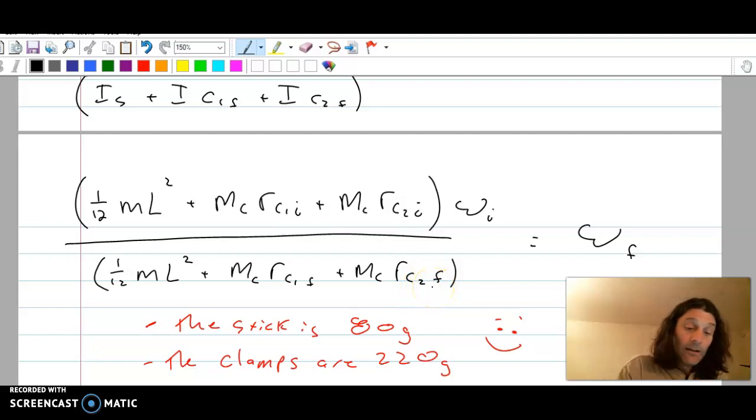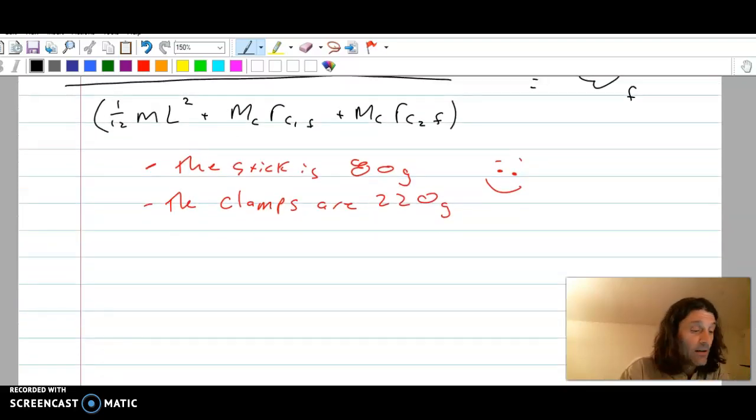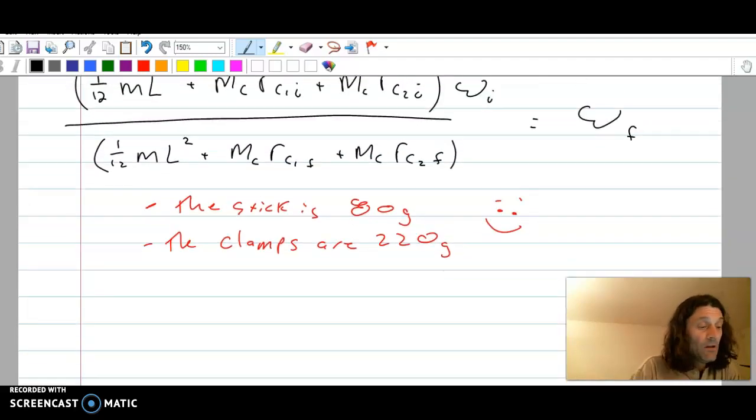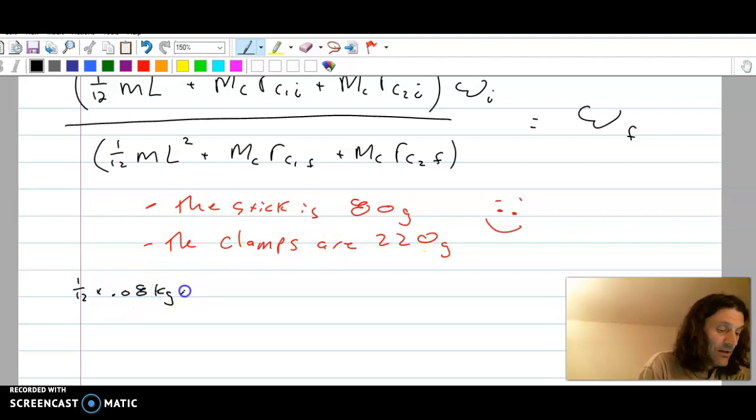Just to remind you what we measured before, the stick is 80 grams, the clamps are 220 grams a piece, okay? So I'm just going to go ahead and write this out here. Where the 1/12 ML squared is, I will have 1/12 times 80 grams, which is 0.08 kg, times 1 meter, that's the length of the stick, squared.